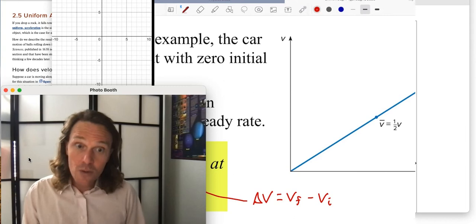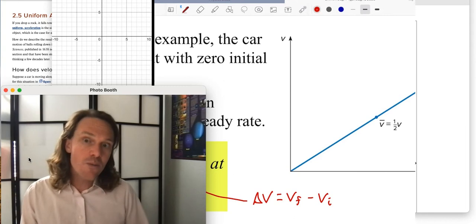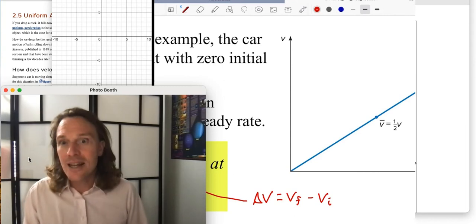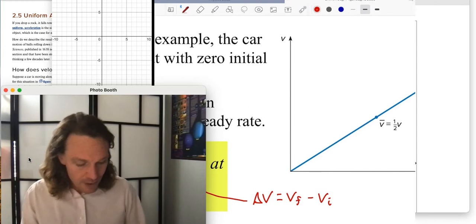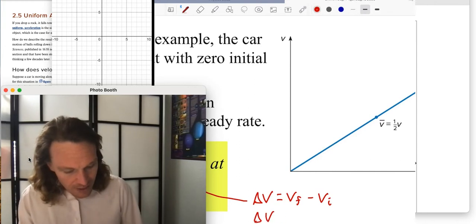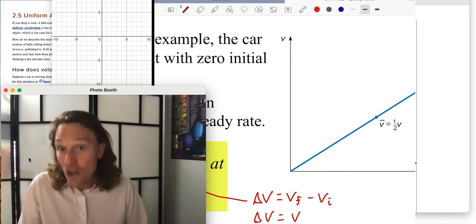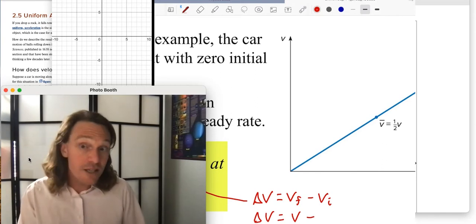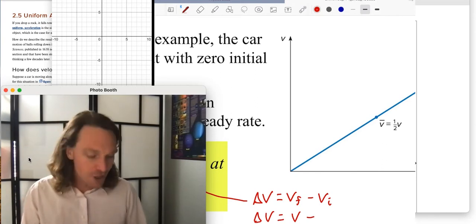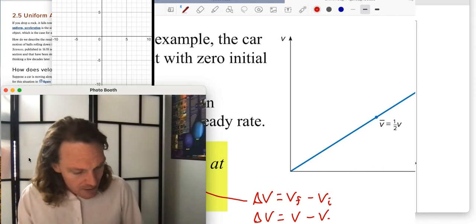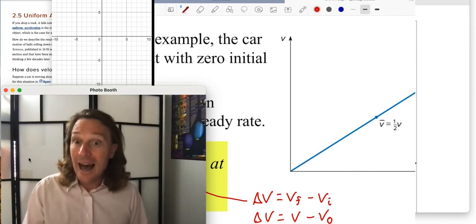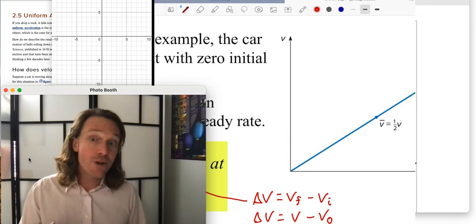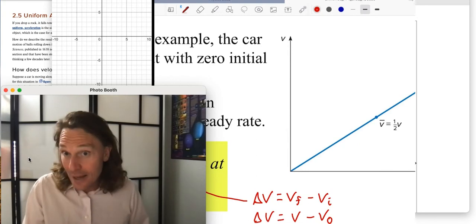Now, here's the thing though, we want to instead refer to V final as the instantaneous velocity. It's the function, right? So instead we'll write delta V as just V, whatever is the current value of velocity. And then to give special attention to the initial value, we'll call that V naught, okay? So here the 0 is serving the same role as the I for initial. It's 0 for naught, which just means the initial, okay?